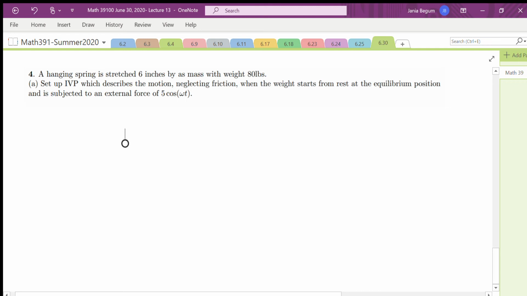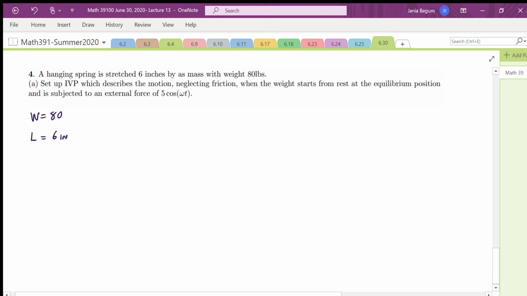Okay, can someone tell me how you approached this question? So the spring weighs 80 pounds. We have the weight, that's 80, and we have the big L, that's 6 inches.